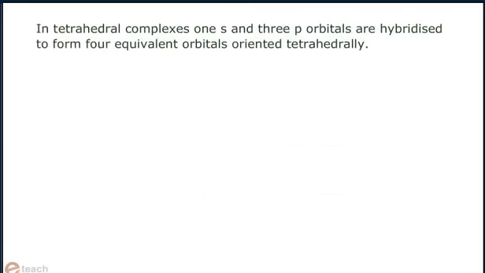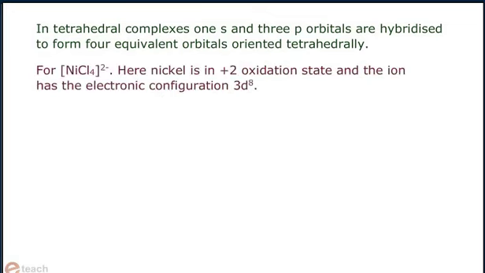In tetrahedral complexes, 1s and 3p orbitals are hybridized to form 4 equivalent orbitals oriented tetrahedrally. For [NiCl4]2-, here nickel is in +2 oxidation state and the ion has electronic configuration 3d8.